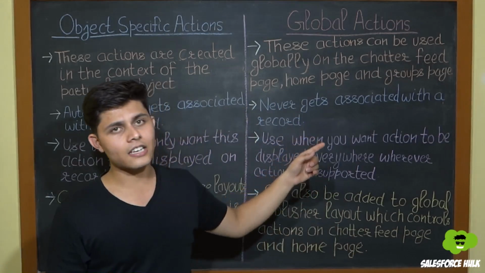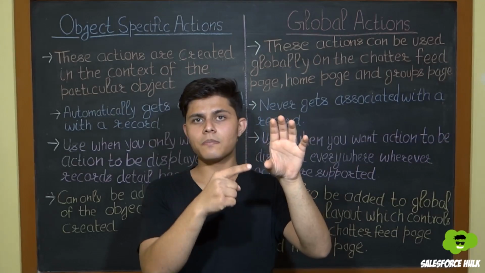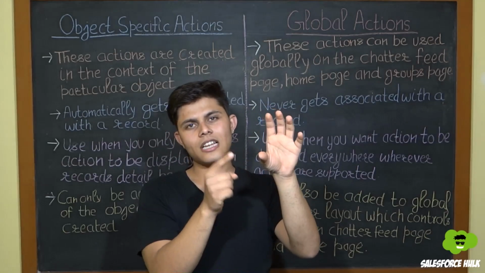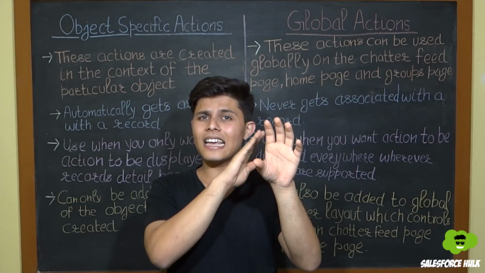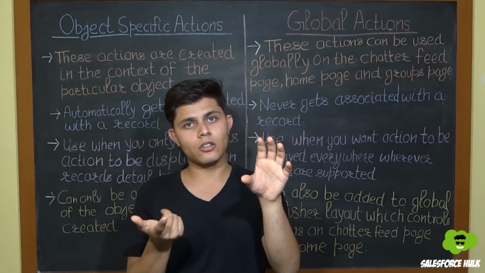Whereas in a global action, if we have created a global action which creates a record of object B, when using that global action to create object B's record, it doesn't get associated with any of the records of object A or any other object also.